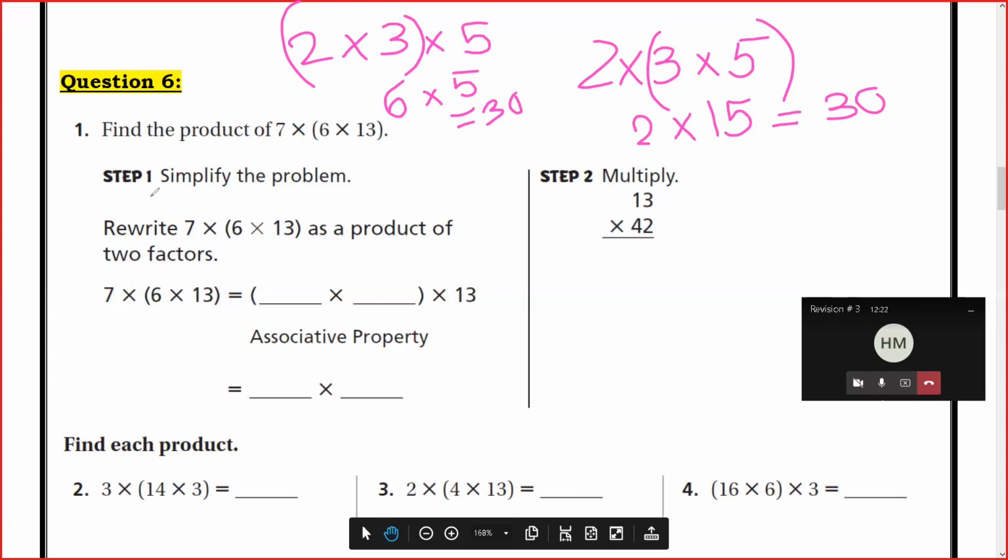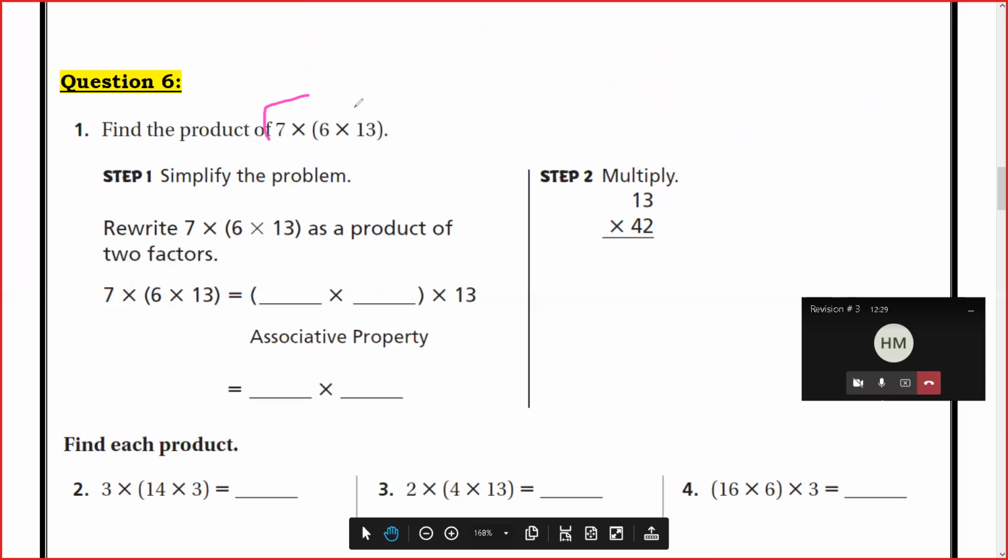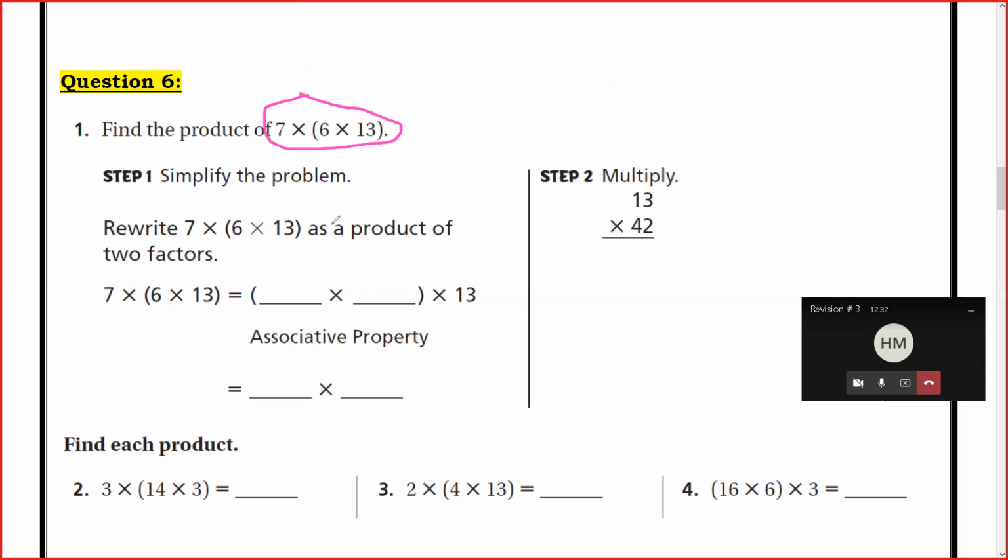Here we have 7 times 6 times 13. Rewrite it as a product of 2 factors, like 7 times 6, then after that times 13. I just rearrange the numbers. I change the position of the parentheses.